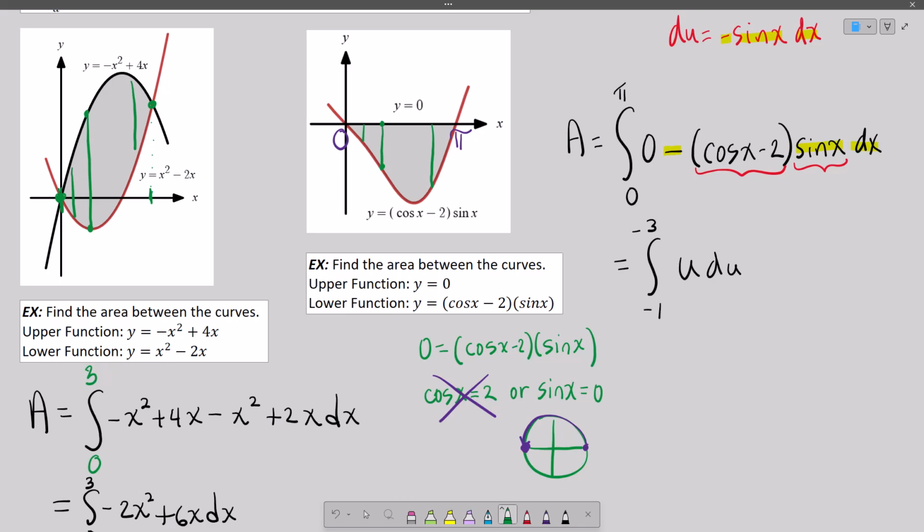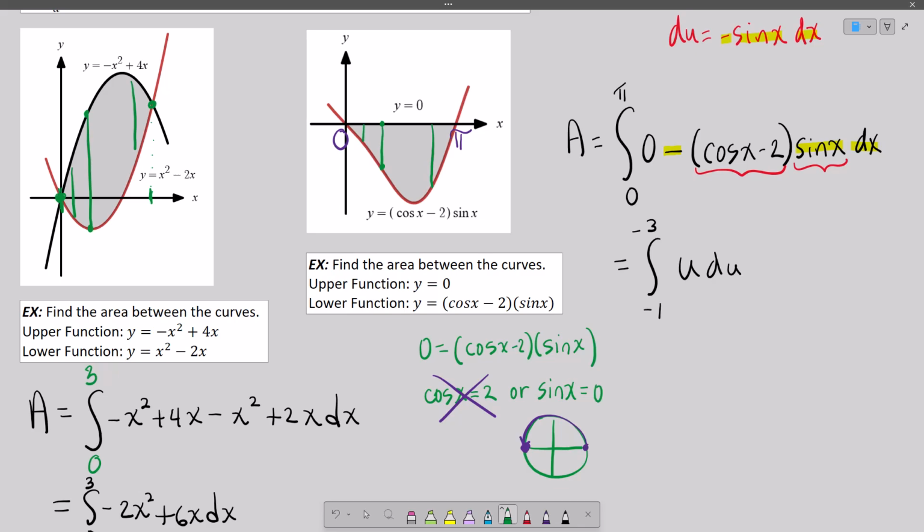The way that we remember that the differential is dx and not dy, which we'll see in the next couple slides, is when you're thinking about your vertical rectangle, think of the width of the rectangle as dx. The height is going to be the upper curve minus the lower curve.